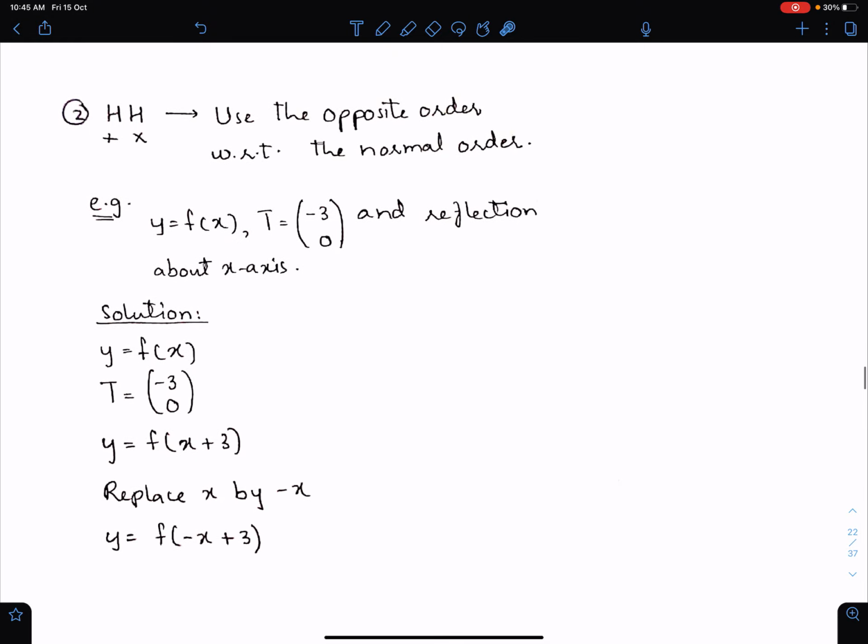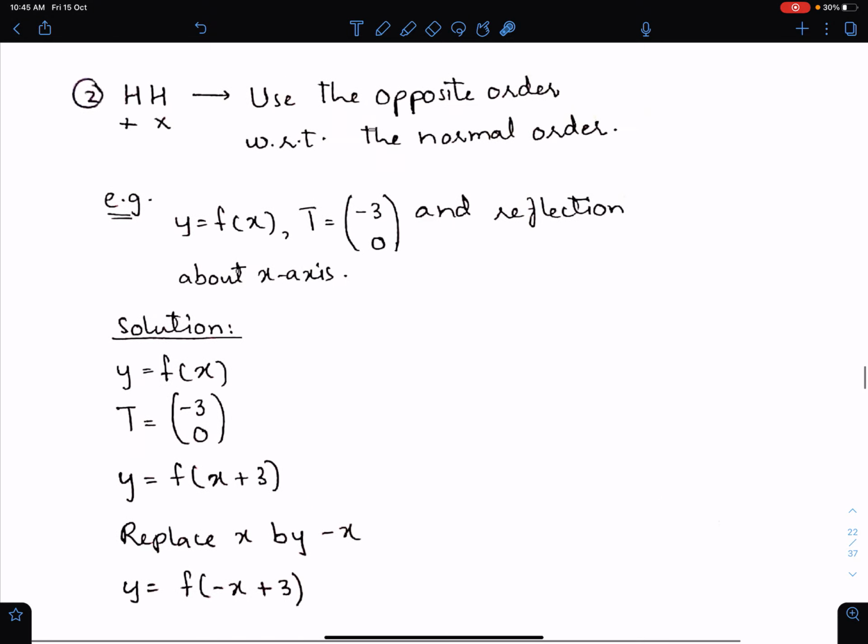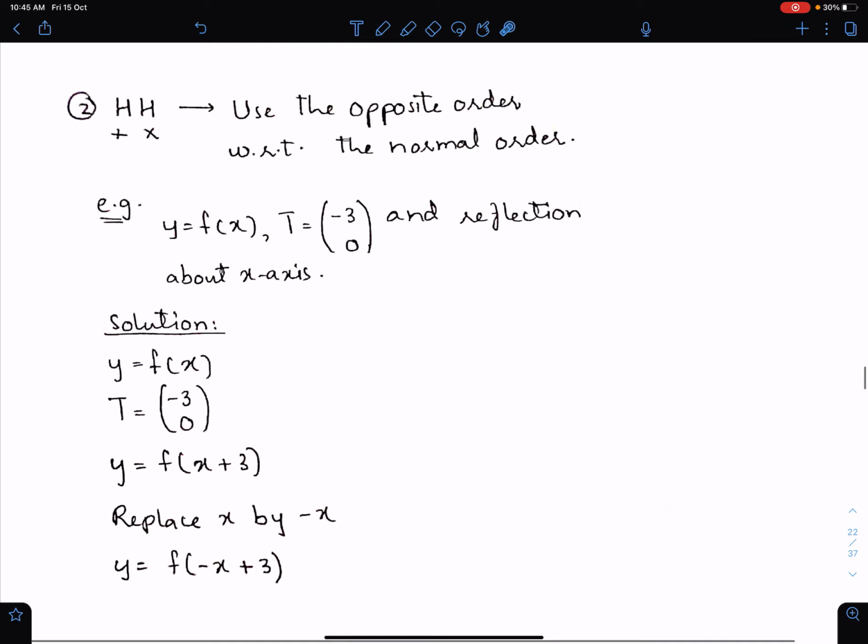But when we have two horizontal, like this, translation, horizontal, and reflection about x-axis. Reflection about x-axis is a vertical transformation. Let me just correct it.